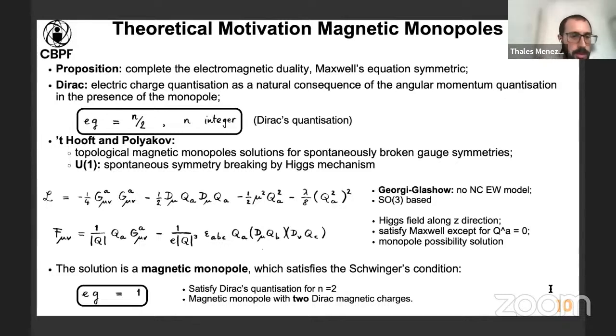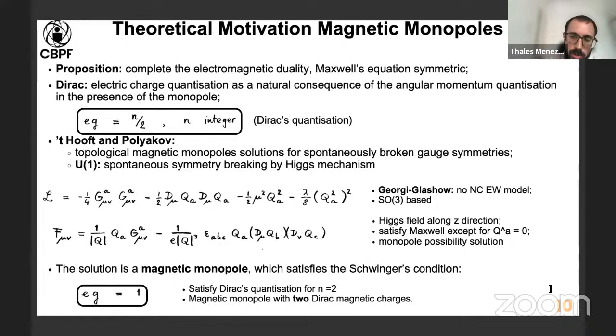But from independent studies, it was shown that in the environment of spontaneously broken gauge symmetries, in the context of the electromagnetic group, especially when this symmetry is broken by the Higgs mechanism, we should define a model similar to the electroweak model of Weinberg-Salam and so on, and choose a proper electromagnetic field tensor to satisfy some conditions, for instance a Higgs field along the v direction, until we reach a point where this tensor satisfies the Maxwell equations except for one term.